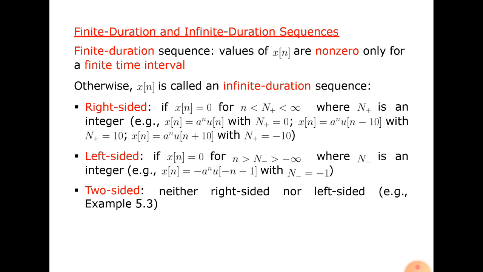If x of n is equal to 0 for n less than n1, it is right sided. For example, x of n equals a to the power n into u of n, and x of n equals a to the power n into u of n plus 10.